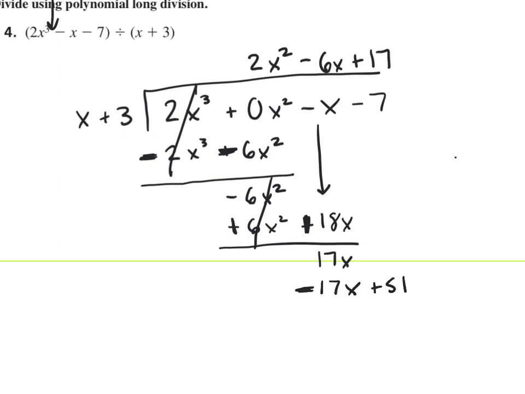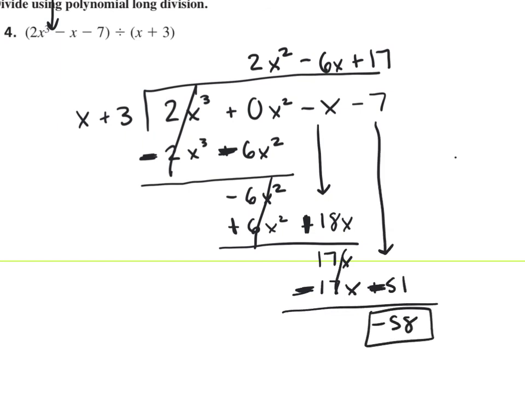Change signs. So subtraction, subtraction, these cancel. Now we combine negative 7 minus 51. What do we get? Negative 58. Perfect. This is our remainder. So negative 58 over x plus 3.